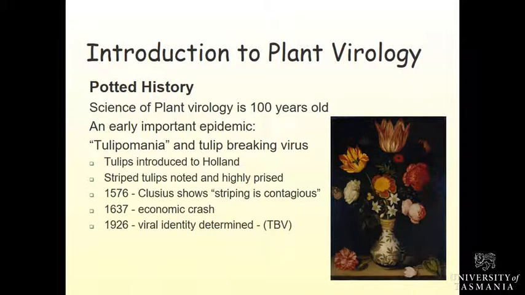Plant virology itself as a science is not that old. We've known viruses for a long, long time. The first recorded symptoms of a virus was in ancient texts from Japan, I think it was even BC, where they'd drawn a picture of a plant with mosaics on it.